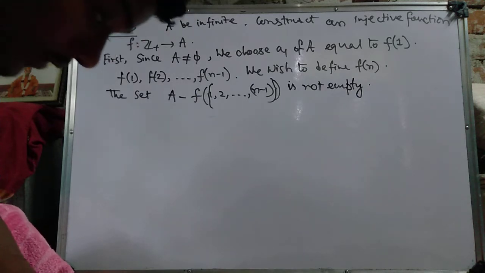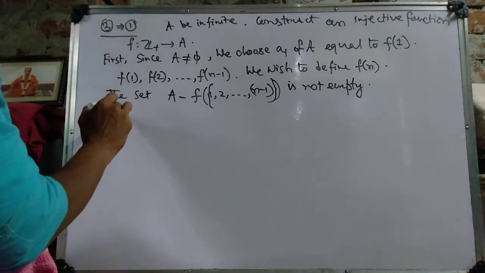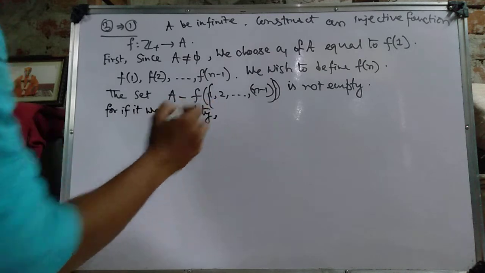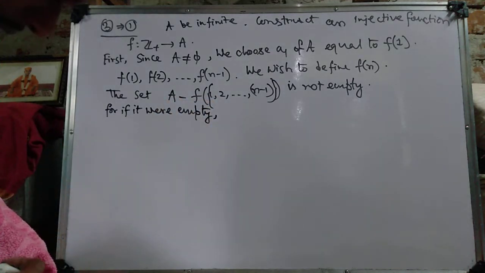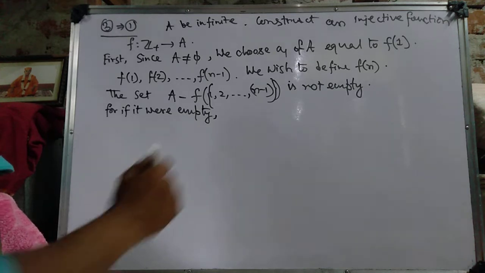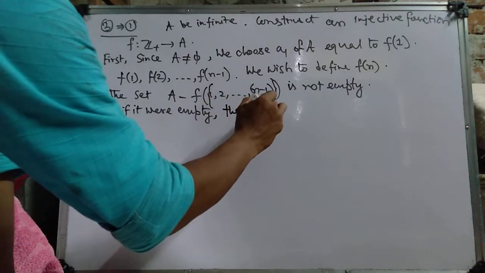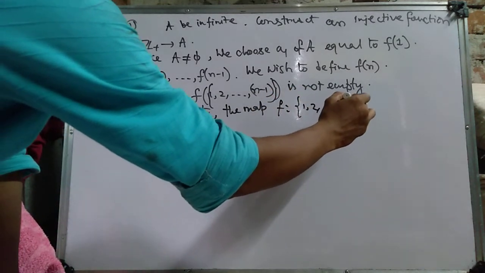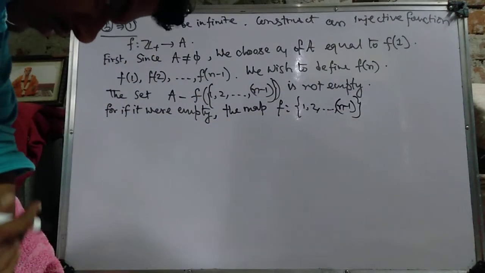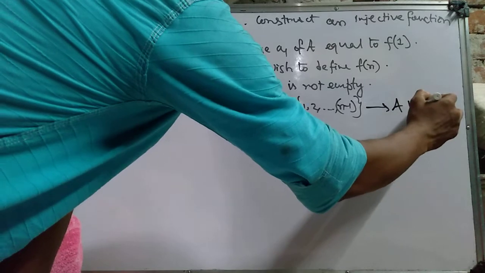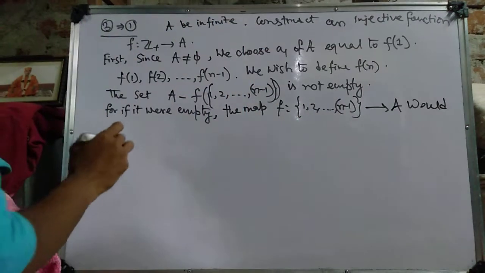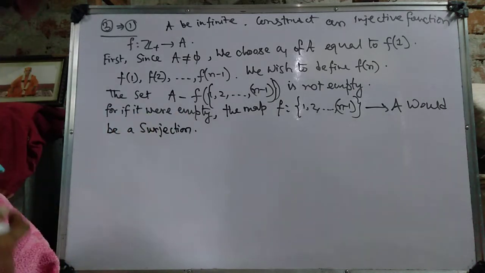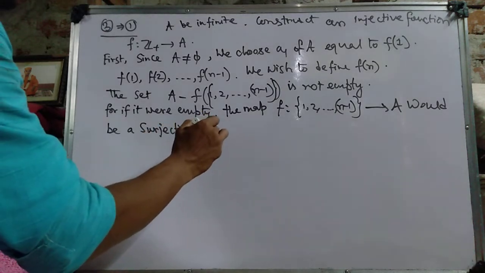For if it were empty, the map from {1, 2, ..., n minus 1} to A would be a surjection, and A would be finite.